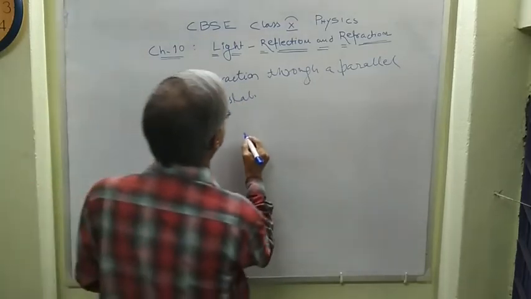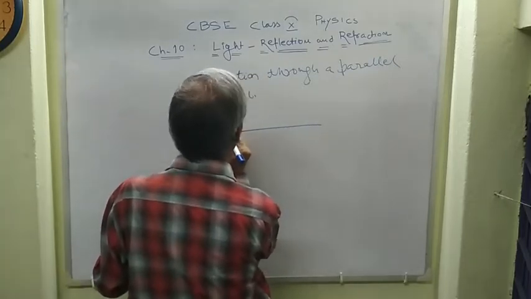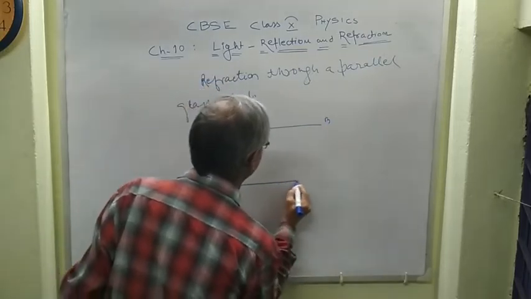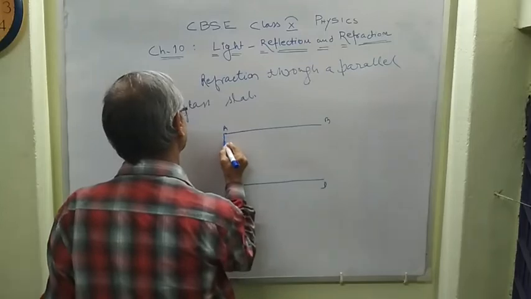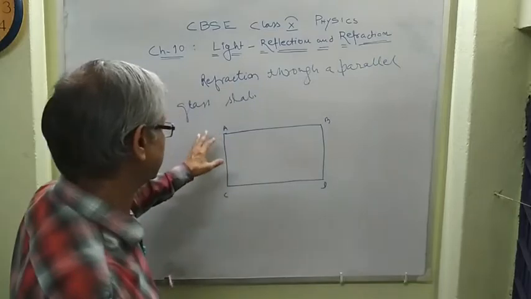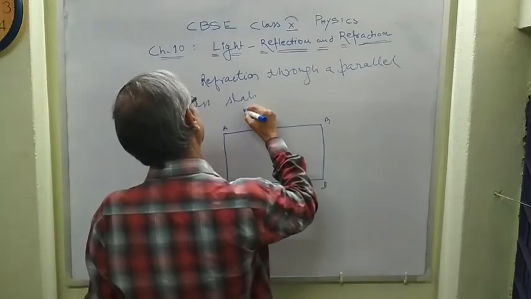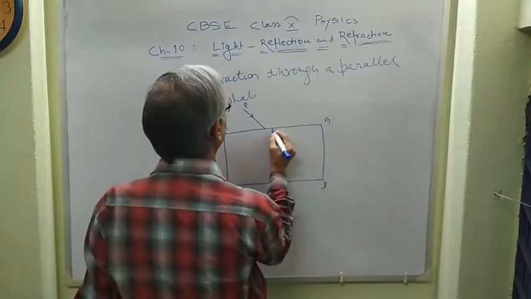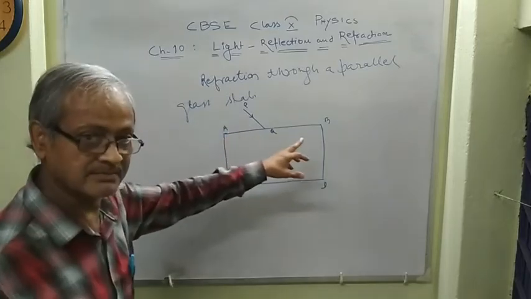Let AB and CD be the two parallel sides of a glass slab ABDC, and incident ray PQ, incident at Q on the refracting surface AB.